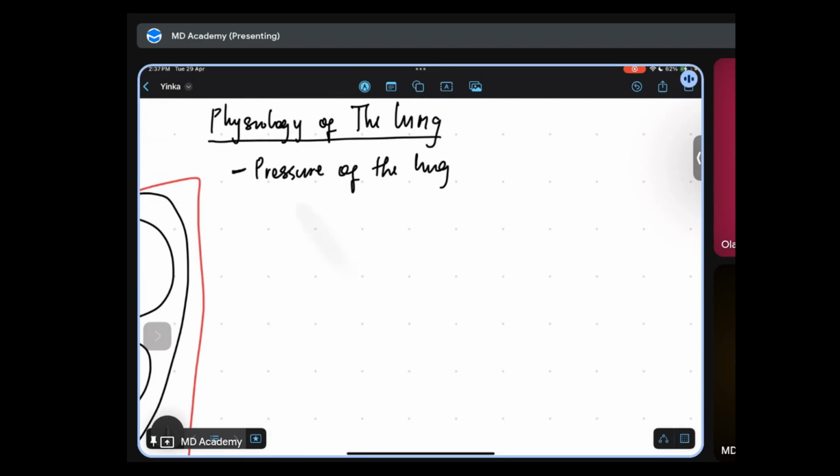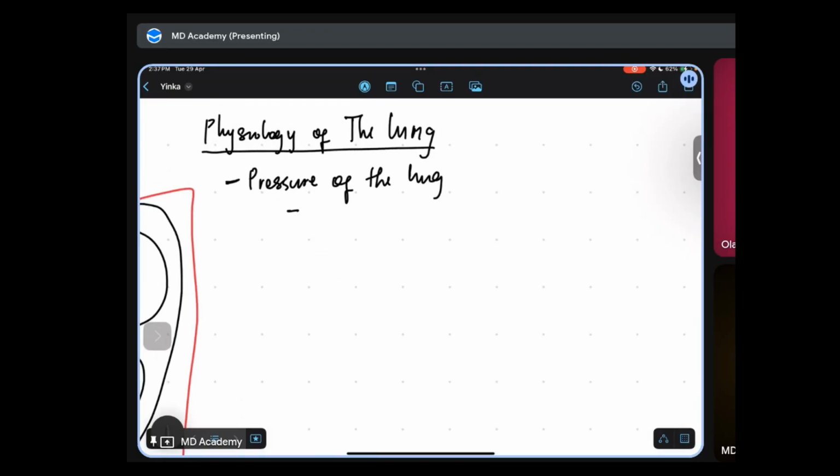Now, for the pressure of the lungs, for the love of simplicity, we would want to remember that there are 3 types. Before I jump into what's going on, there are 3 types. First, you have intrapleural pressure. Let me start with pulmonary pressure, and this is the first one. The second one is transmural pressure.